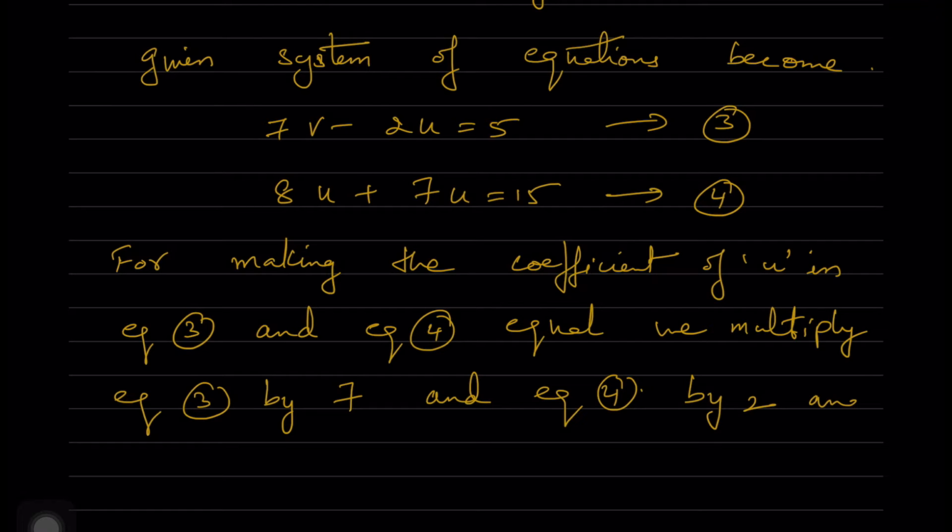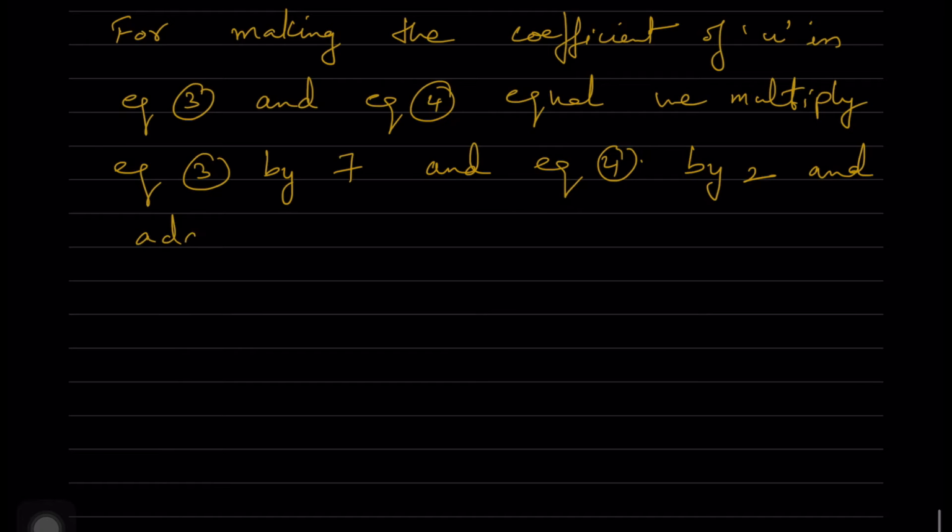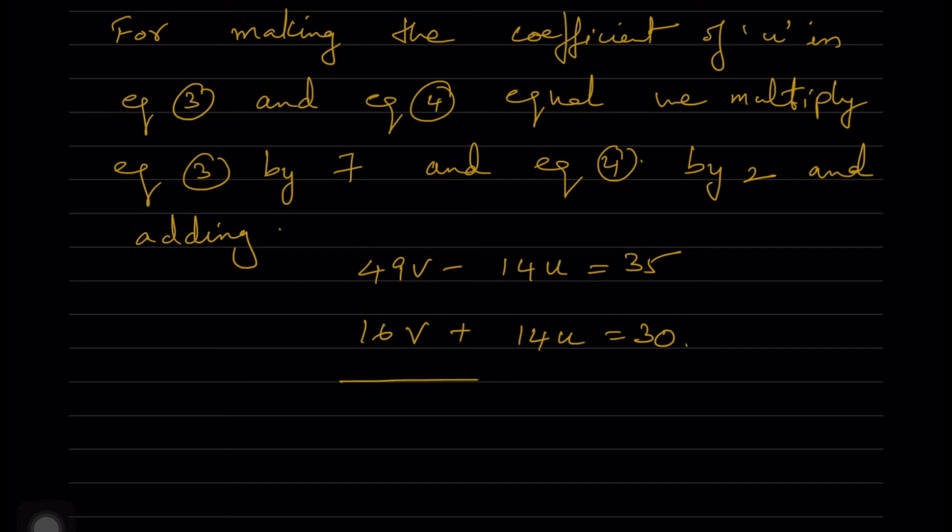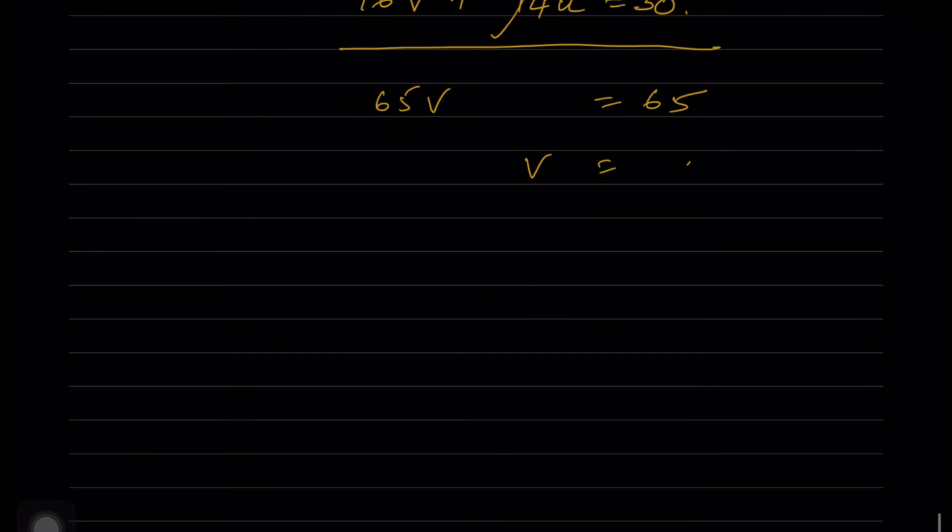So when we multiply, what are we going to get? We get 49v minus 14u is equal to 35 and 16v plus 14u is equal to 30. Then we add them. We get 65v is equal to 65. Therefore, v is equal to 1.